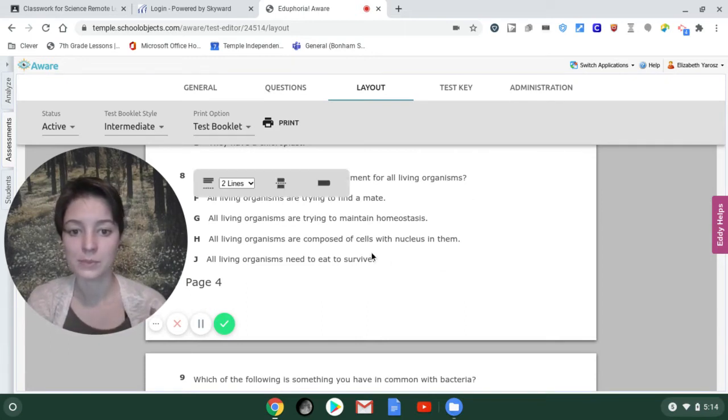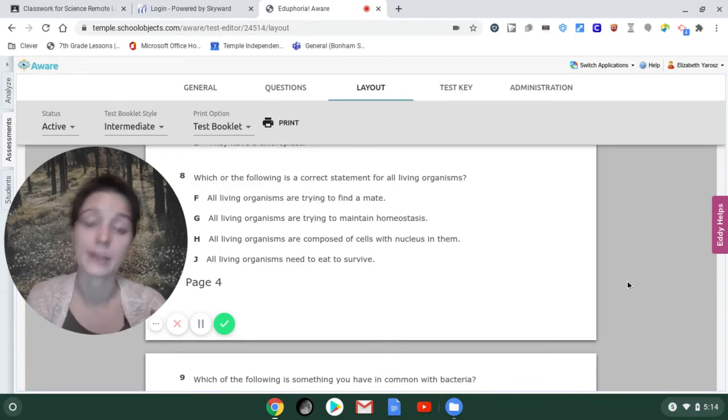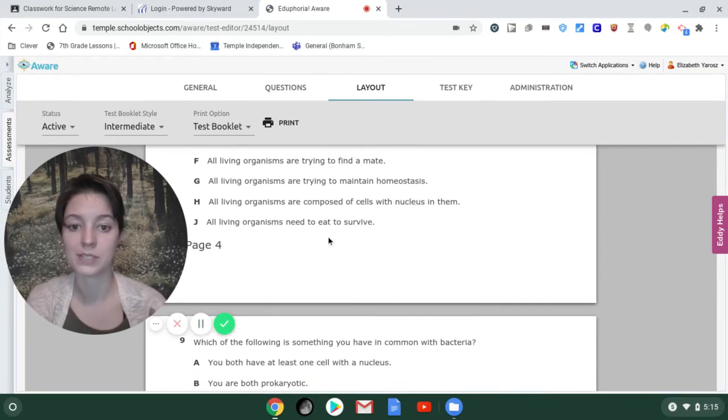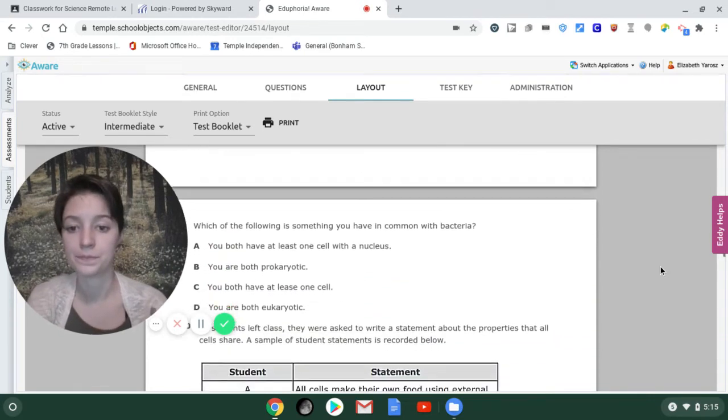H, all living organisms are composed of cells with a nucleus in them. All eukaryotic organisms are, but we do know that there are prokaryotic organisms out there. Bacteria cells are prokaryotic, and they do not have a nucleus. And then J, all organisms need to eat to survive. Plants don't need to eat. They make their own sugar.